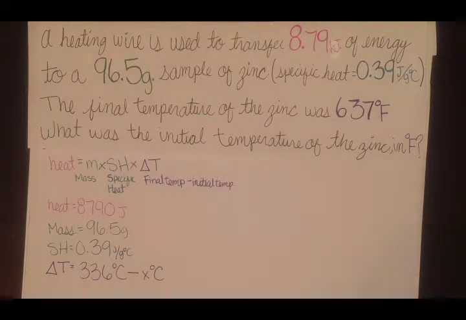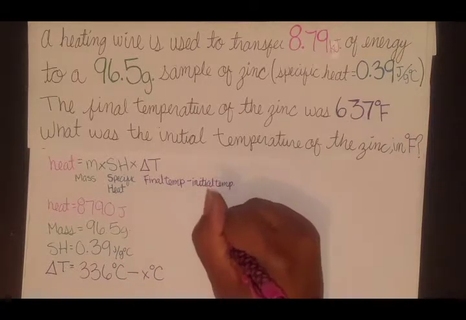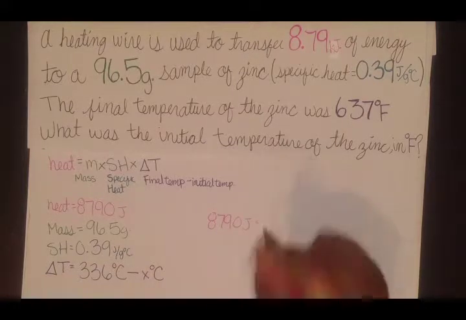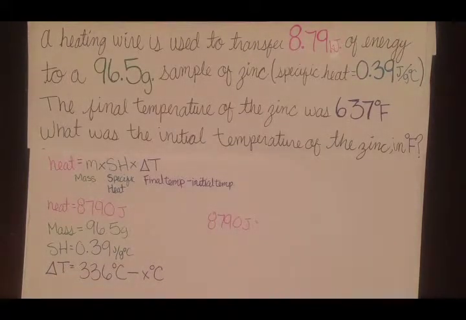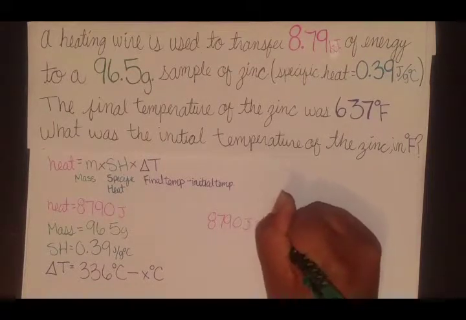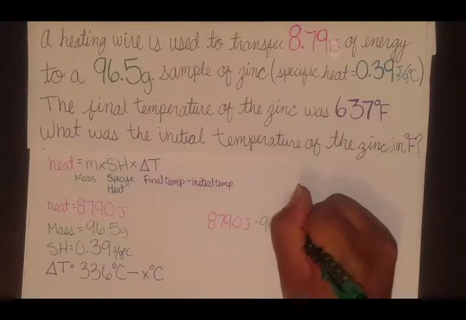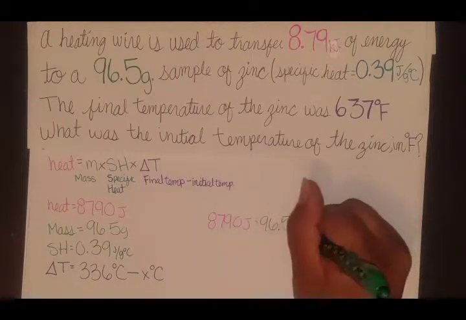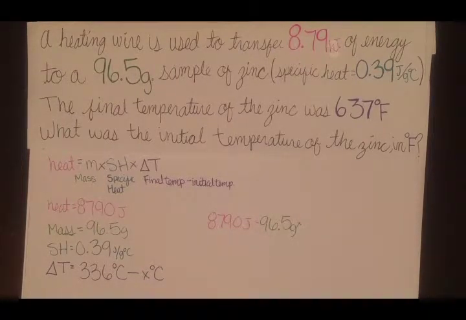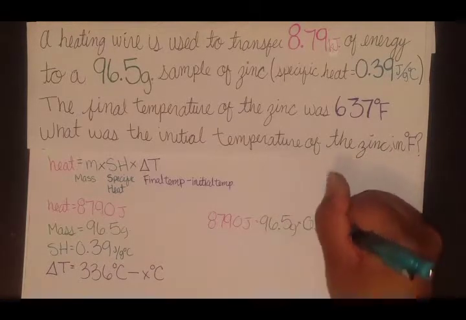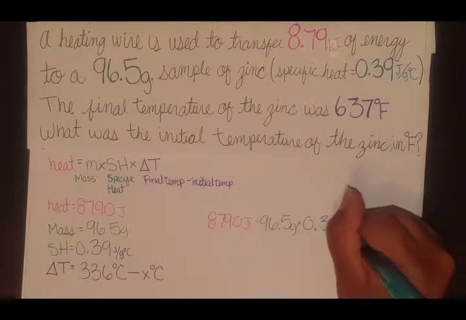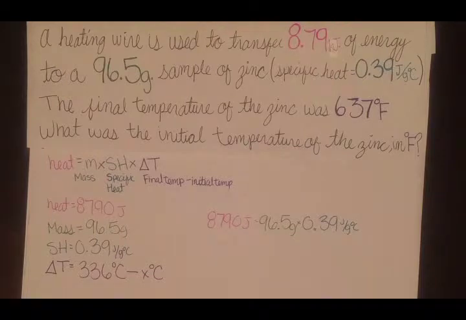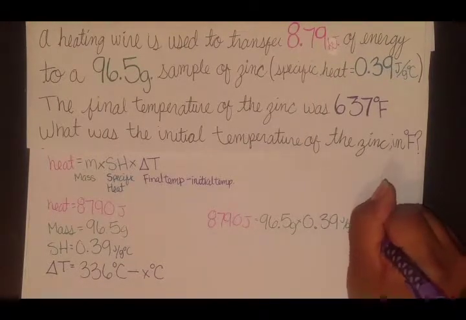I'm going to start off with the heat, which is 8,790 joules, is equal to our mass, which is 96.5 grams, times our specific heat, which is 0.39 joules per gram degrees Celsius, and then times our temperature.